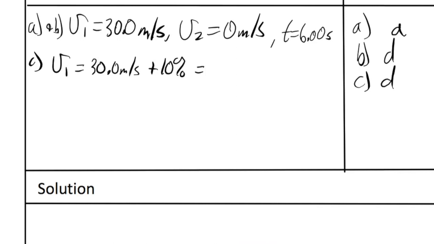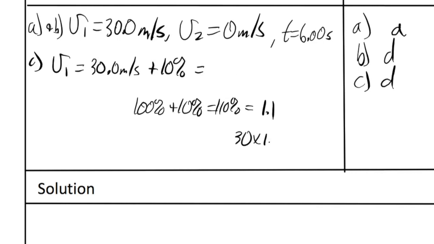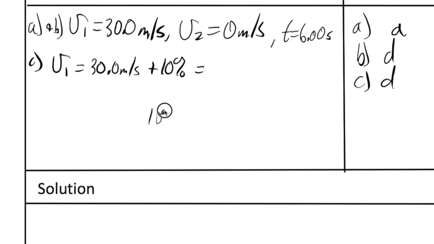And the other way to look at it is when you add 10%, you start with 100% plus 10%. Well, that's equal to 110%, yeah? Which is, as a decimal, 1.1. So take 30 times 1.1 and you get 33 meters per second. That's the other way to think of it. Or 10% of 30. And remember, of is just another way of saying multiply, and that's 0.1.